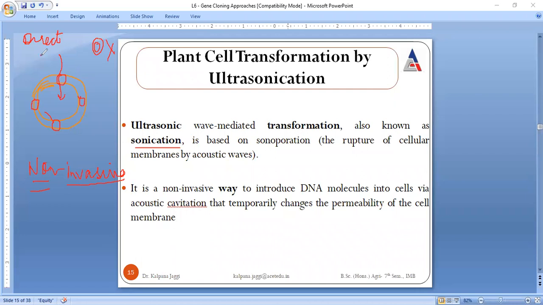Directly we place the desired gene construct outside, and this construct will directly enter the host through the pores that will be created in the cell membrane as a result of sonication, that is, as a result of the presence of high sound waves, which are said to be acoustic waves. So acoustic waves are going to create these holes, which are said to be cavitation, and with the help of the cavitation, this will change the permeability features of the membrane, and as a result there will be direct entry of our desired gene construct.